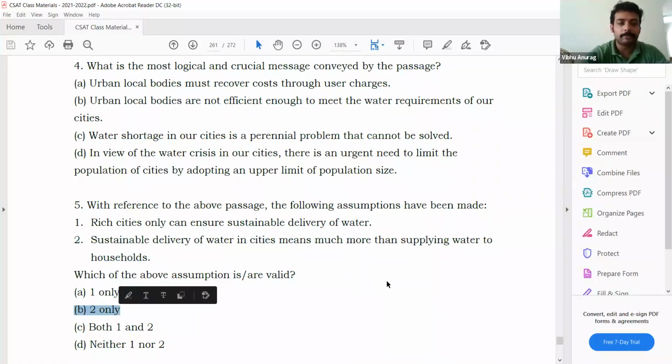Did you get the 4th and 5th ones correct?